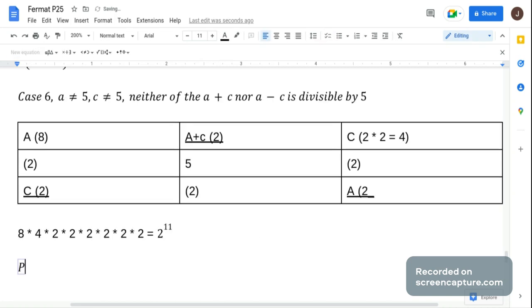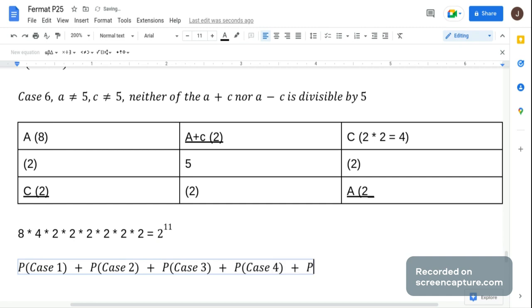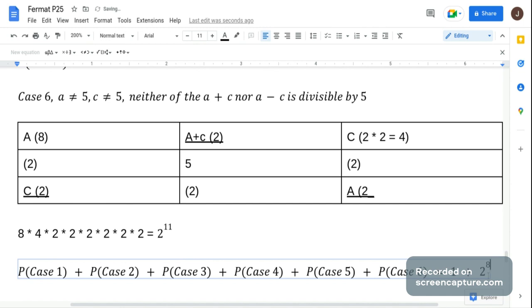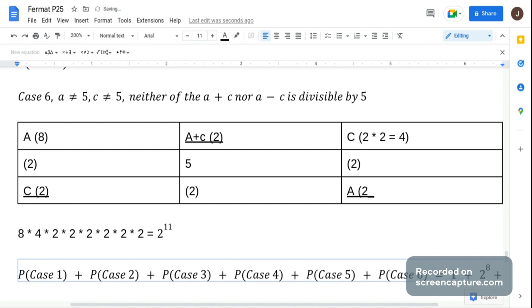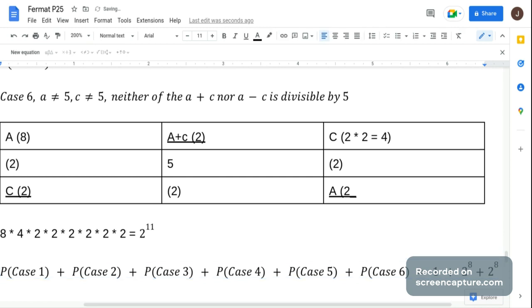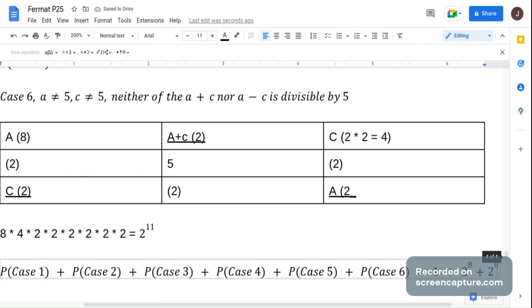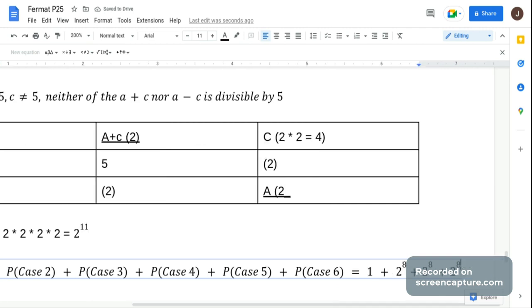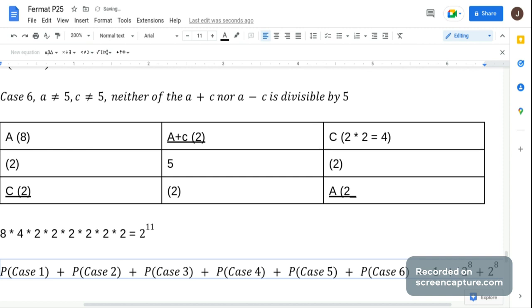So we add up all the cases together. The first case has 1. The second case has 2 to the power of 8. The third case has 2 to the power of 8. The fourth case has 2 to the power of 8. The fifth case also has 2 to the power of 8.